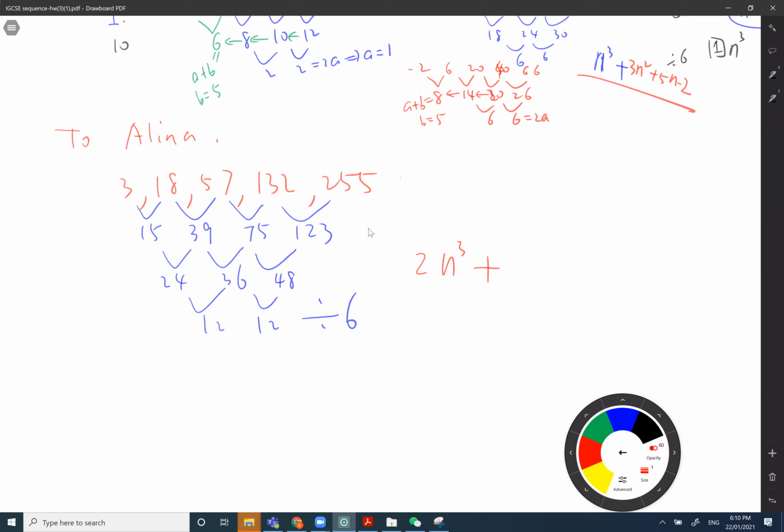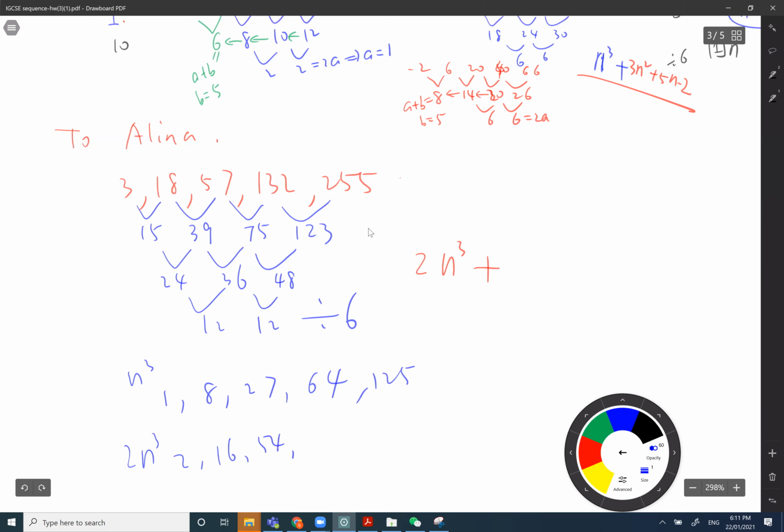Now, n cubed give you 1, 8, 27, 64, 125. 2n cubed give you 2, 16, 54, 128, 250.